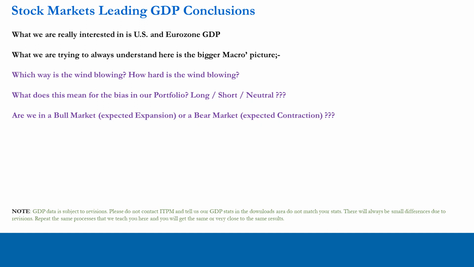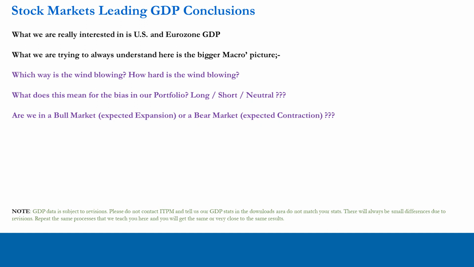So this is a great general fundamental level of understanding, guys. Just a little note before we go back to the desk and onto the next video. When you're downloading data from public sources, GDP data is subject to revisions.